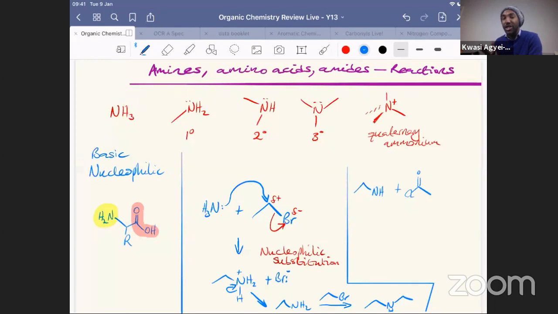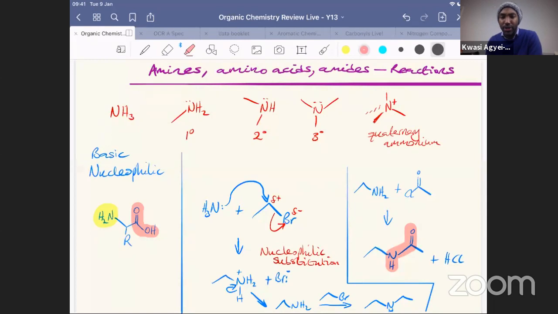And just as you've seen alcohols forming esters when reacting with your acyl chloride, you will end up forming an amide, and the amide bond looks as shown here. I'll highlight the amide bond for you. So the amide bond consists of a carbonyl group, and that carbonyl group is directly bonded to a nitrogen atom. So that's an example of an amide group.